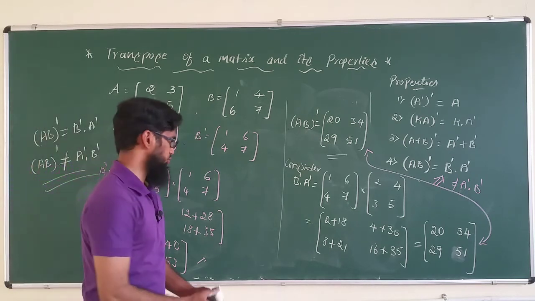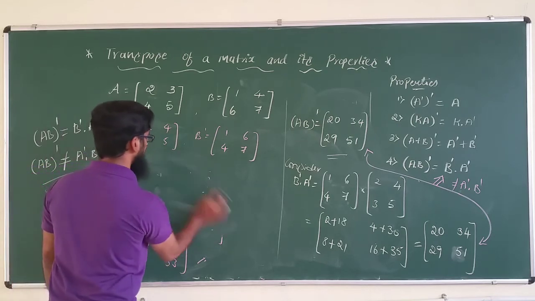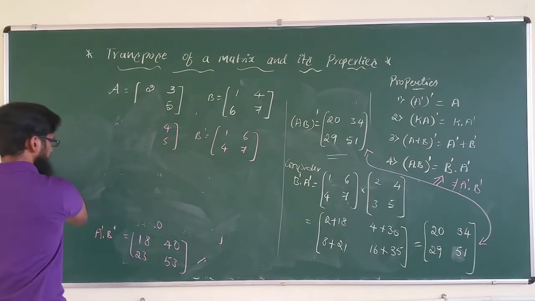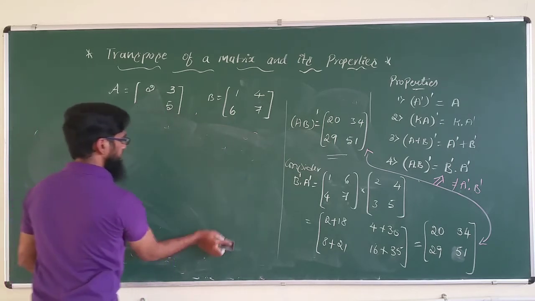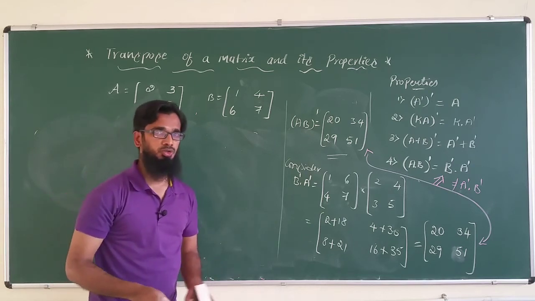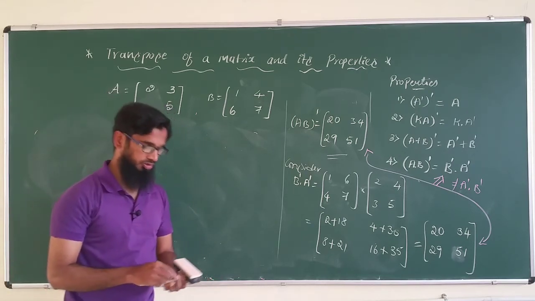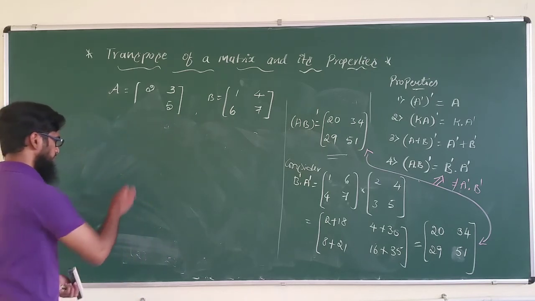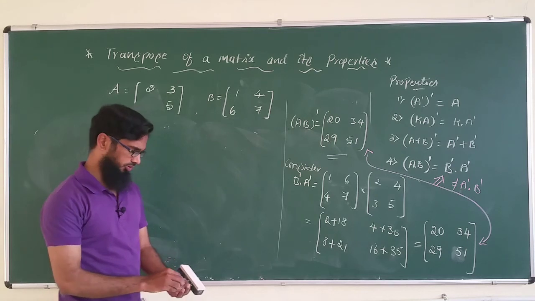I hope you have understood these basic properties of the transpose of a matrix. This is what we have concluded here. I will now write one thought for motivational purposes.